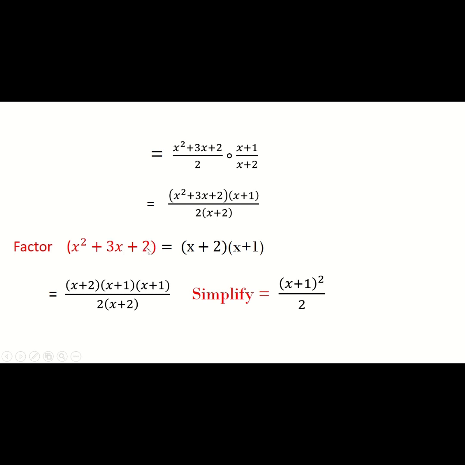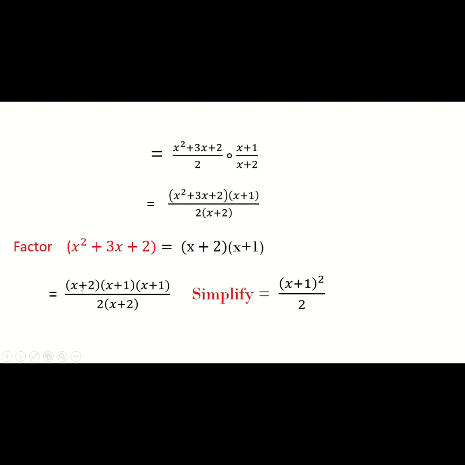As you see here, 2 times 1, and when you add them, it gives you 3. So the new factoring for this problem became (x plus 2) times (x plus 1). How did I get it? The way I showed you in the video before.